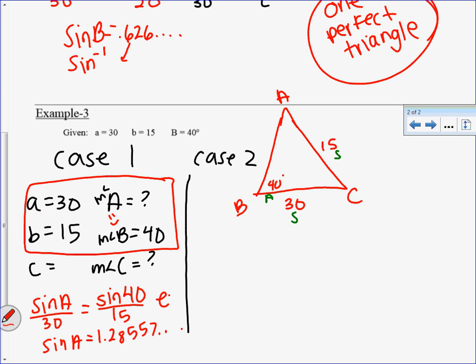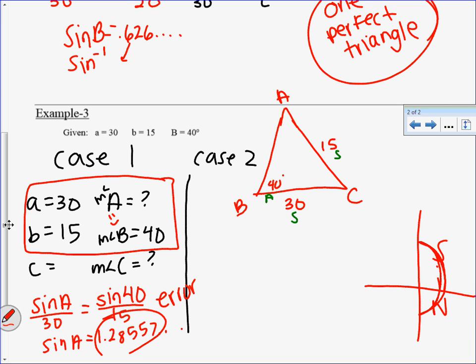And that is not angle A, so you have to click second sine and bring your answer down, and you get error at your calculator, because this number is too big. Sine cannot be bigger than 1. Hey, wait, let's think about our unit circle. Sine lives here. It goes between these two numbers, right? This is 90 degrees, or pi over 2. Remember, that coordinate is 0 to 1. That 1 is sine. Can you go past 1?